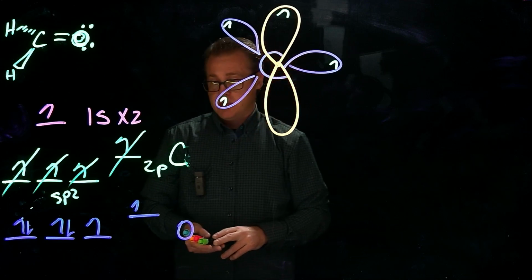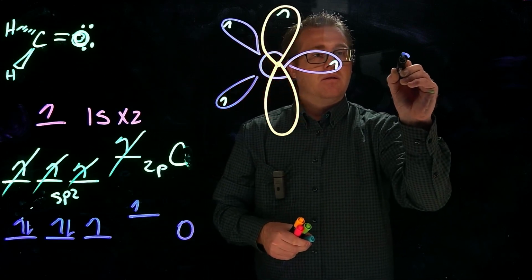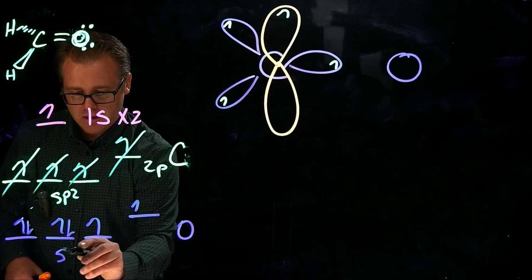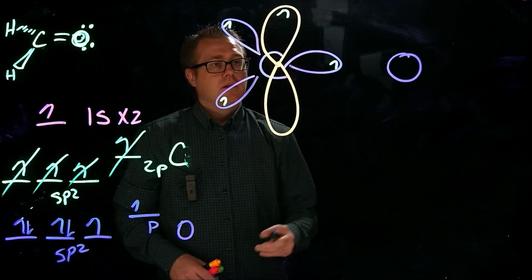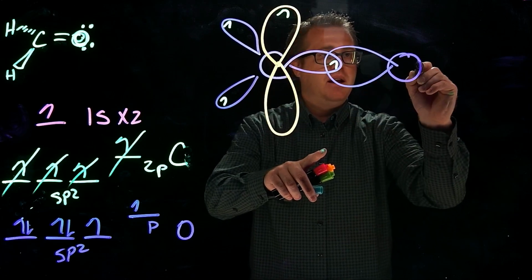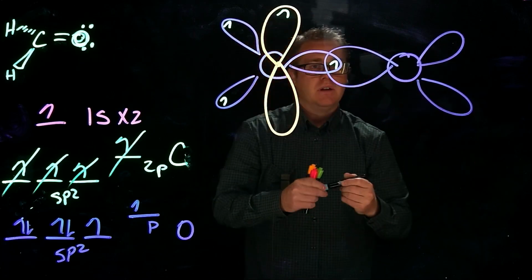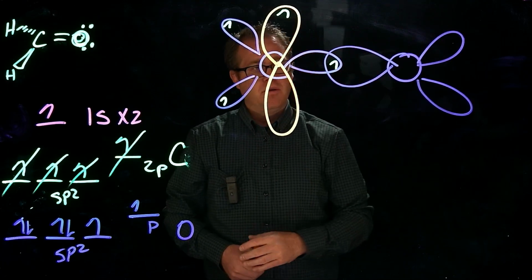Now we have an oxygen atom right here. What type of orbitals does the oxygen have? sp2 and a p. So it's going to have the same thing as the carbon. We're going to have an sp2 like this. I once again drew that sp2 orbital larger than that one.